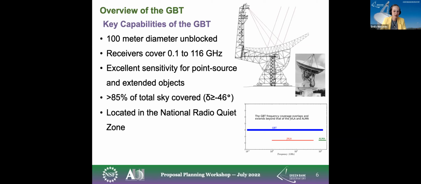It covers about 85% of the total sky, so you can observe most of the sky, and that's possible because it's a movable structure. And as I mentioned before, another great thing about the GBT is it's located in the National Radio Quiet Zone. So there is less RFI than you might find in VLA or ALMA data.